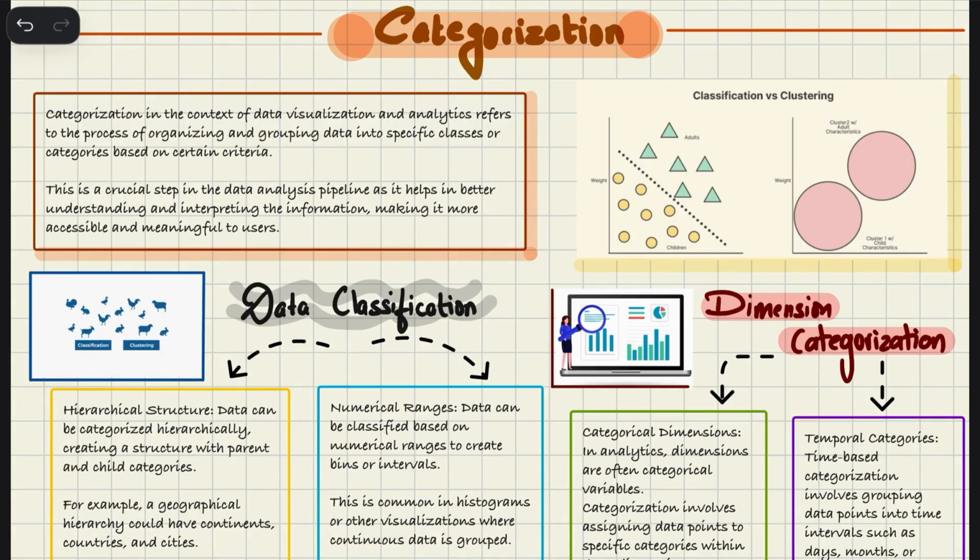So the main goal here is to transform the overwhelming ocean of rows into organized buckets to make analysis humanly possible. Think of it like walking into a massive library. Without categorization, books would just be thrown into a single giant mountain on the floor. That is why we need categorization.